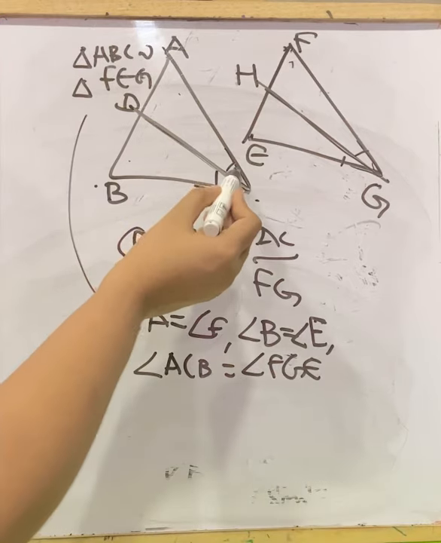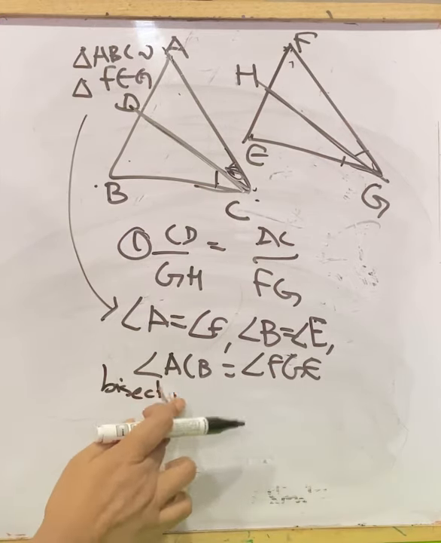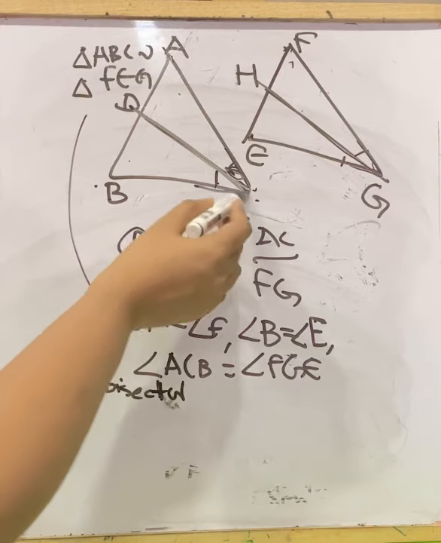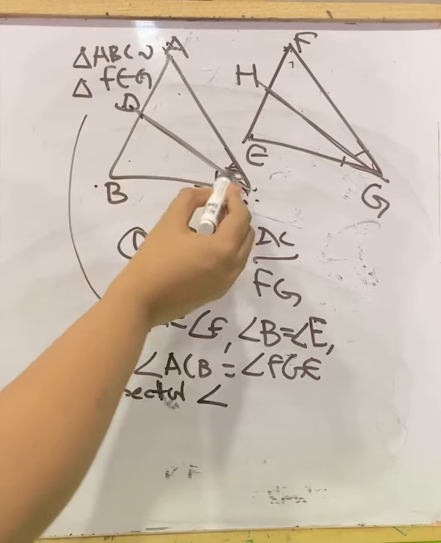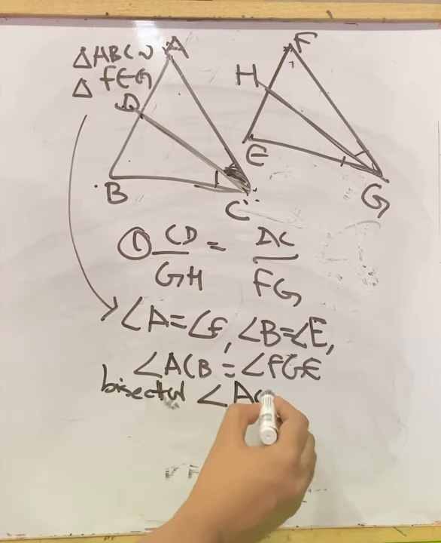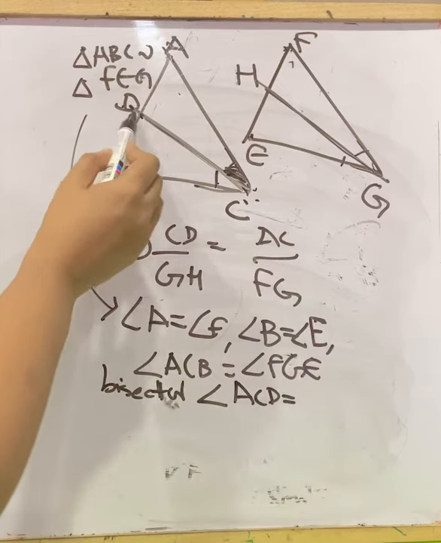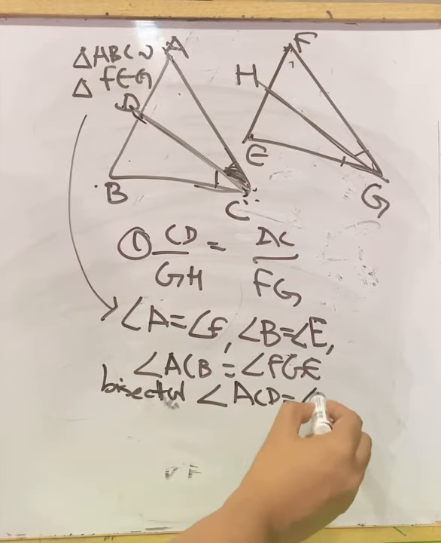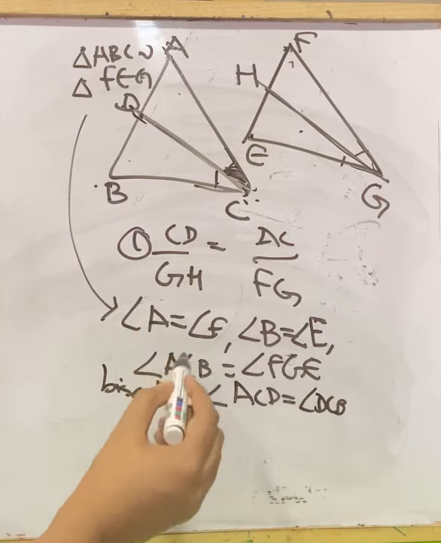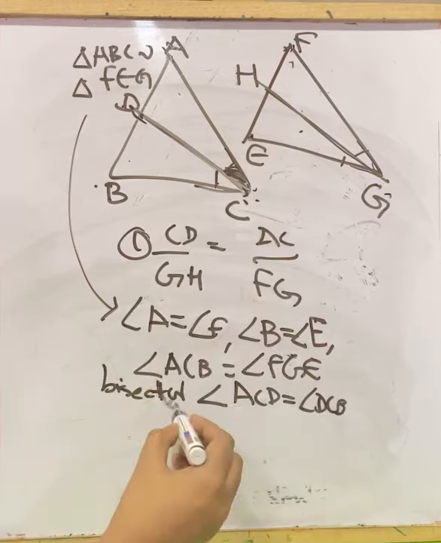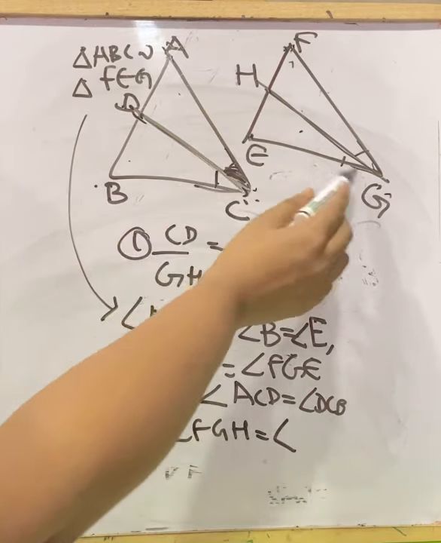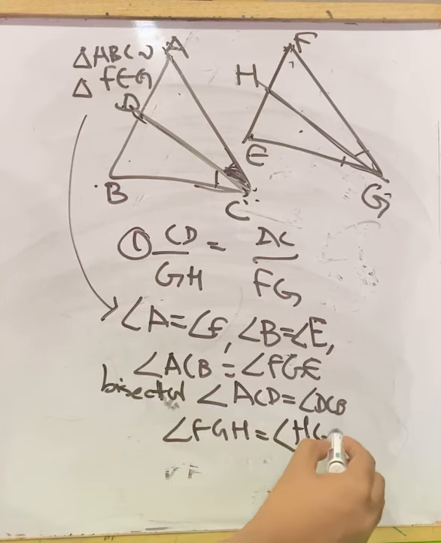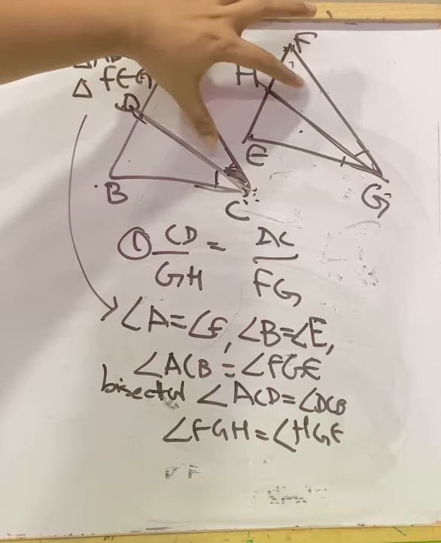According to the question, here this is the bisector, so angle ACD equal to angle DCB. Also in this triangle, angle FGH equal to angle HGE. Both are angle bisectors. Now we will consider only the upper triangles.